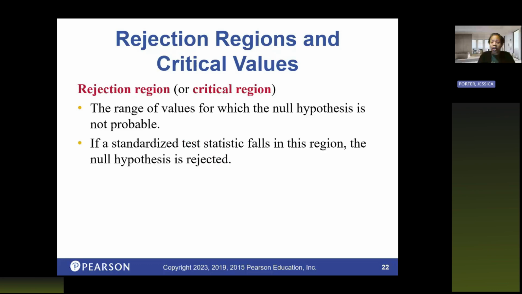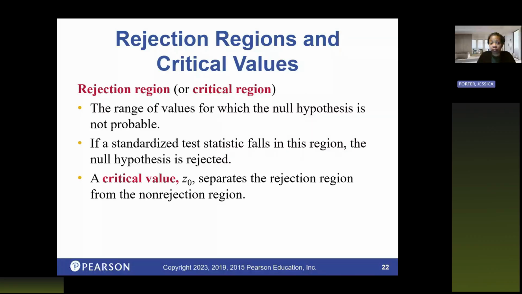And we're going to use the Z critical value and the Z statistic. If a standardized test statistic falls in this region, the null hypothesis is rejected. A critical value, and we've already looked these up, separates the rejection region from the non-rejection region.